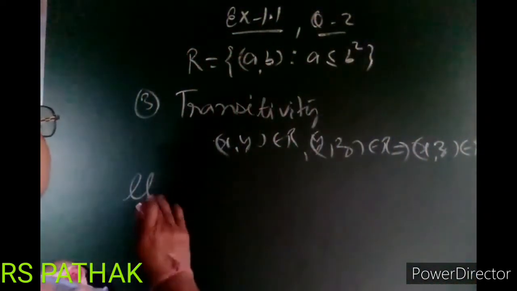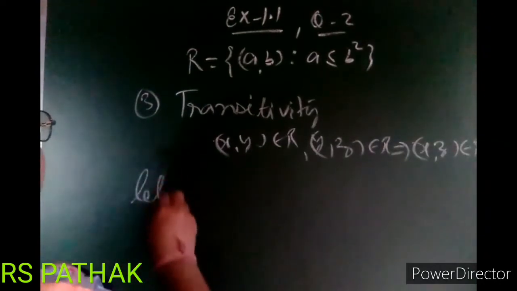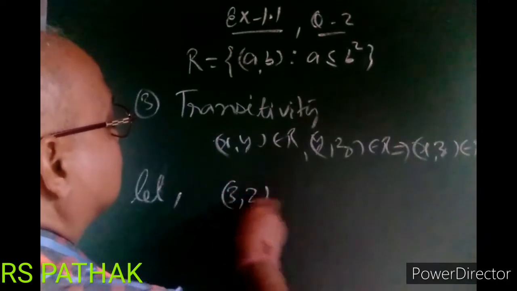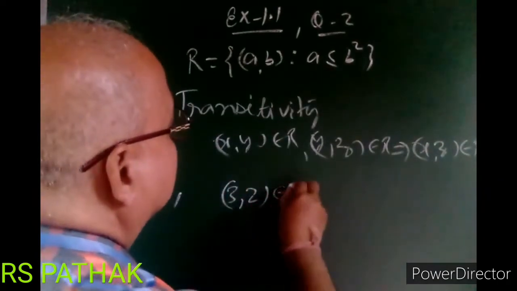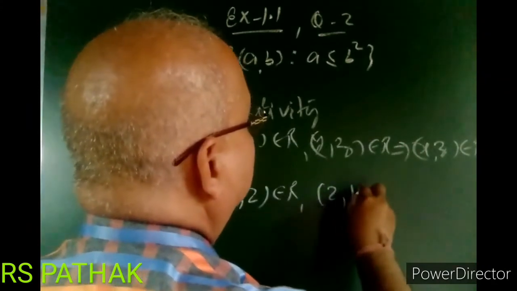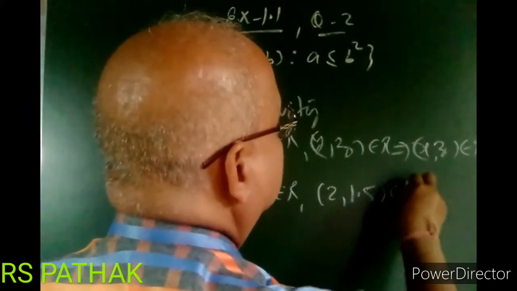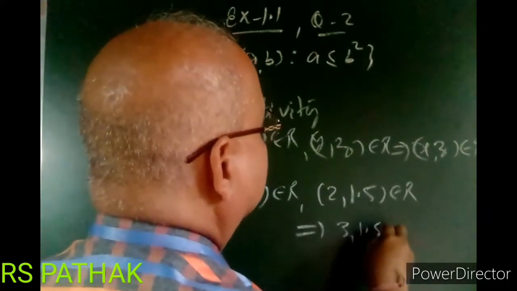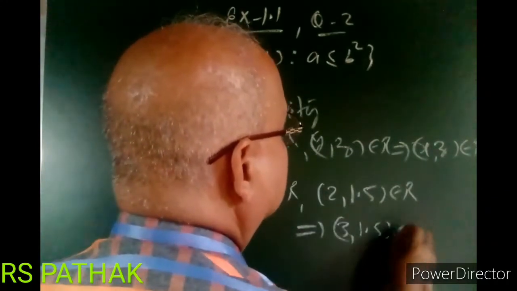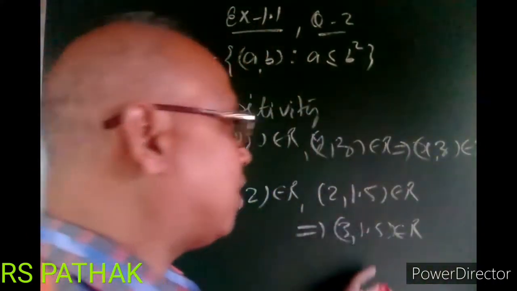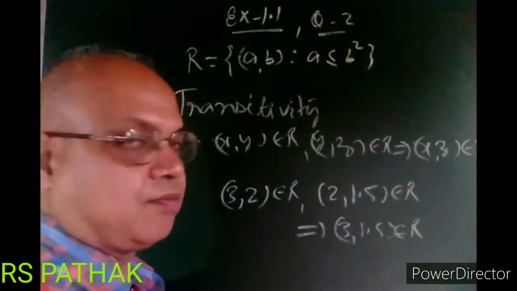Let (3, 2) belongs to R, (2, 1.5) belongs to R, implies that (3, 1.5) belongs to R. This relation should satisfy transitivity.